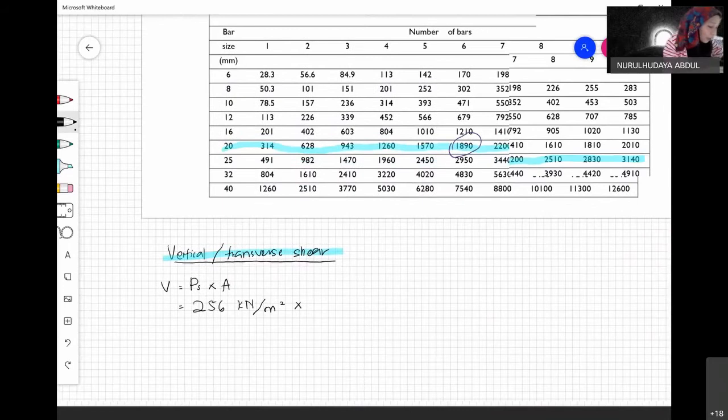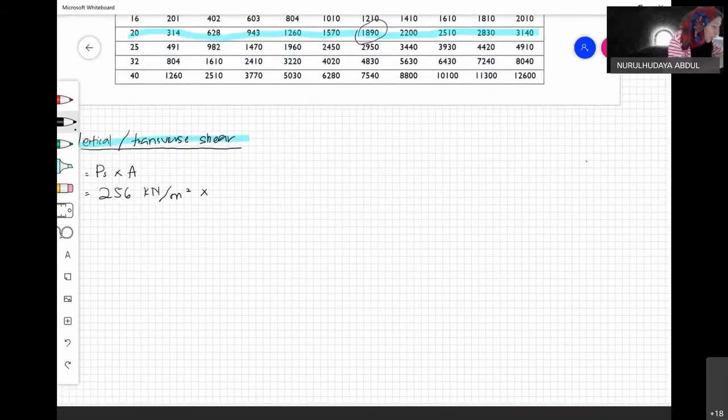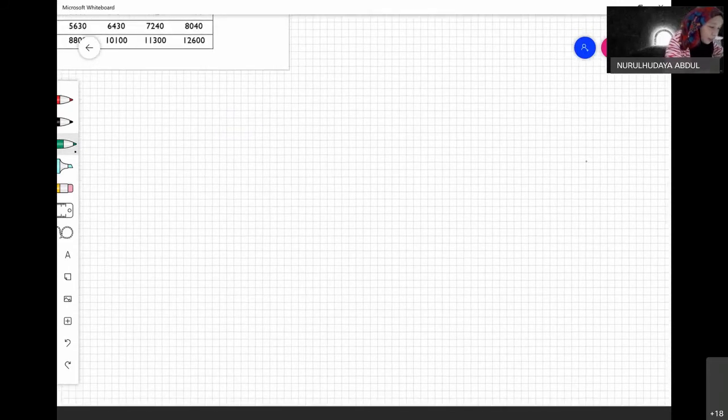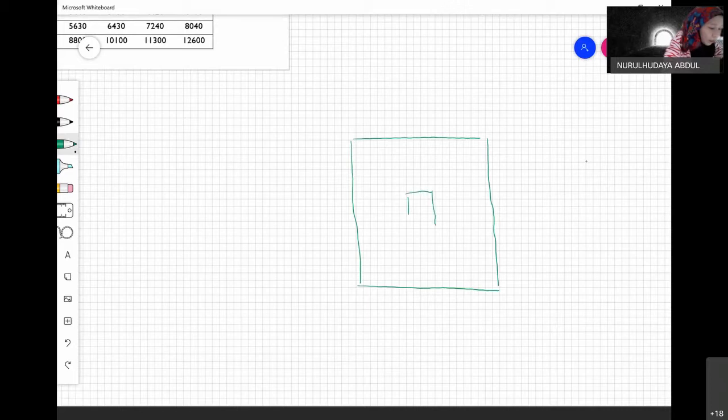So macam mana nak tahu area dia? Kita kena draw sikit lah here. For your reference, here you have your foundation. Probably look like this, but dia tak sengit macam ni lah.